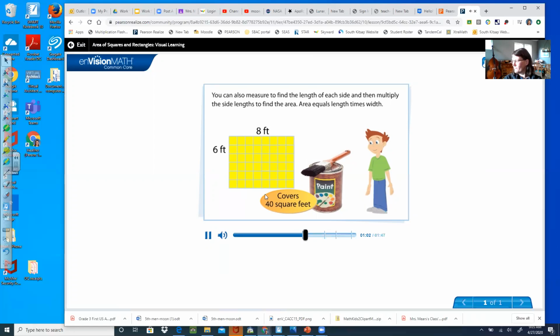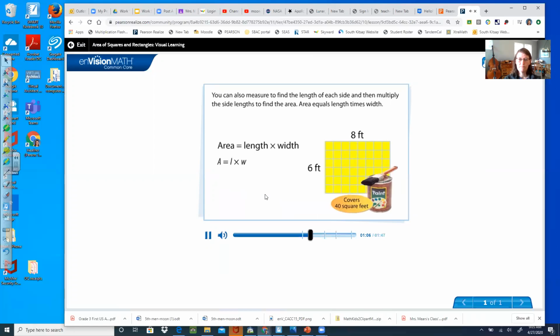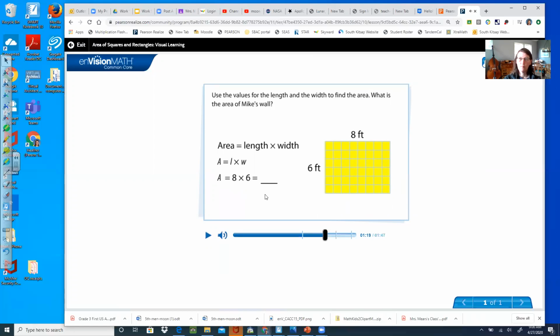You can also measure to find the length of each side and then multiply the side lengths to find the area. Area equals length times width. Use the values for the length and the width to find the area. What is the area of Mike's wall? The area of Mike's wall is 48 square feet.